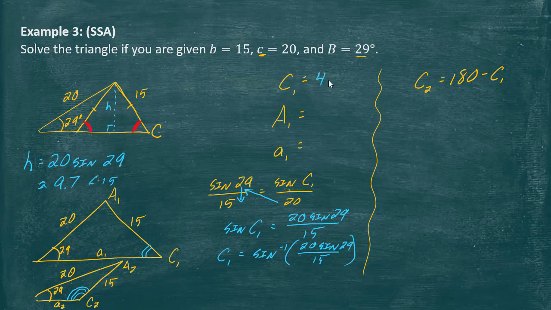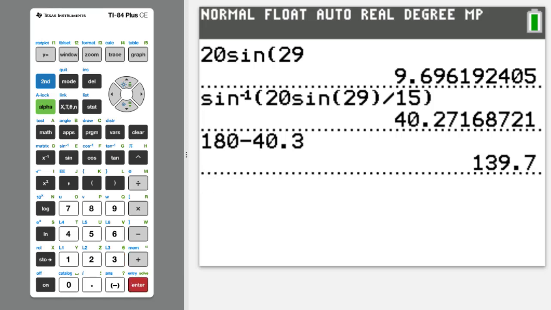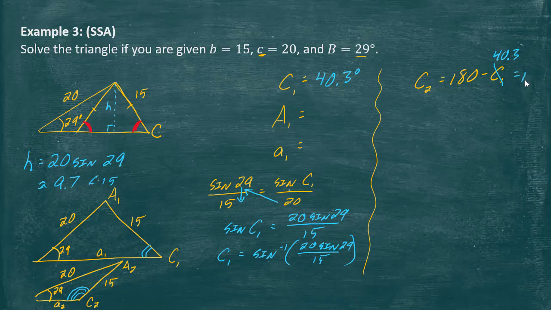So if I know that this C1 is 40.3 degrees, I should be able to just substitute that in place of this C1 here, and just say it's going to be whatever 180 minus 40.3 is, which, just for safety's sake, I'll subtract on a calculator, gets me 139.7 for that second possible angle, sorry, 139.7, not 137.9. So 139.7.